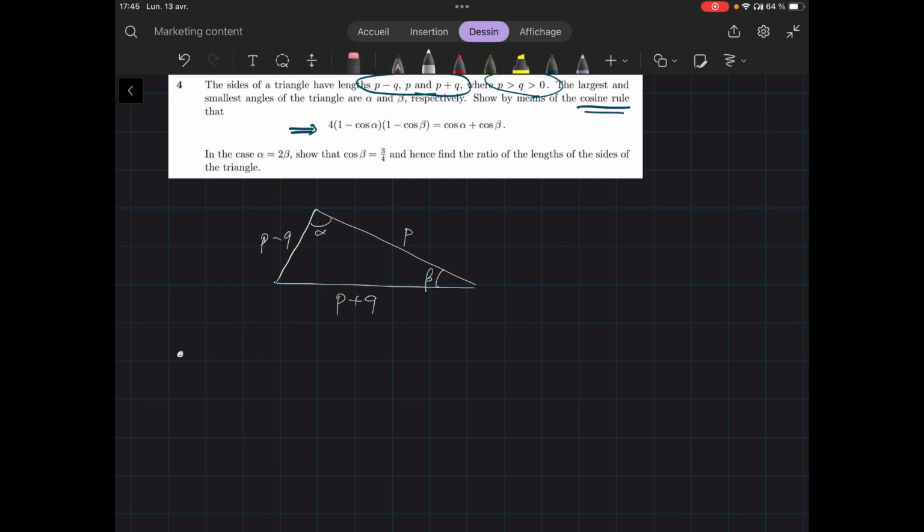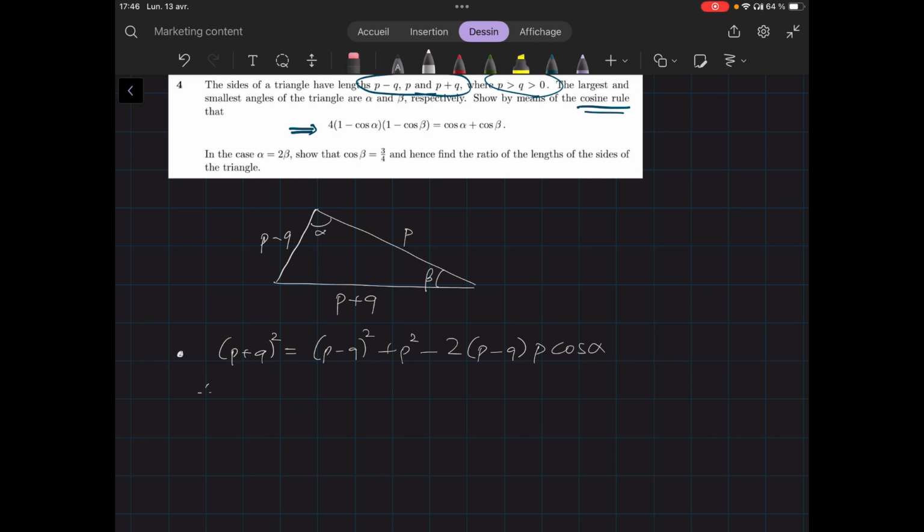If we just look at alpha, (p plus q) squared is equal to (p minus q) squared plus p squared minus 2 times (p minus q) times p times cos alpha. We're just using the cosine rule with alpha.